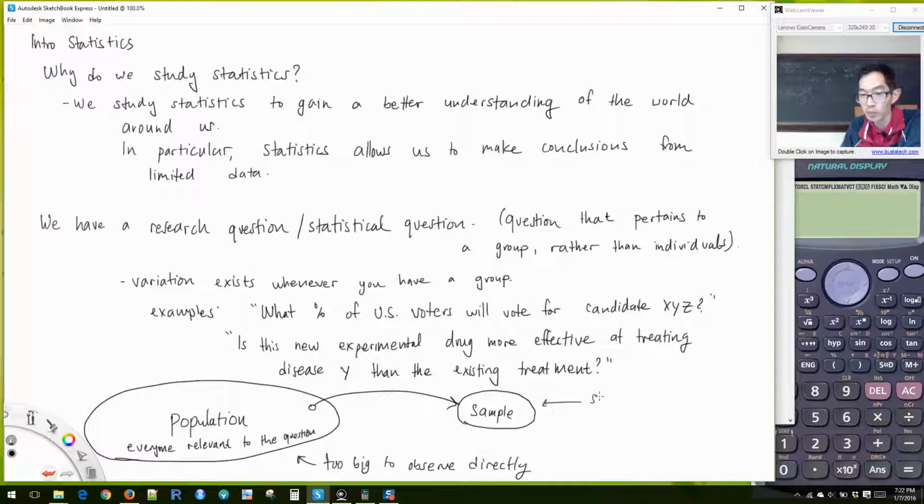So let's say there are 600 people in this group. We take a sample, and then we study this sample. And in our ideal situation, the conclusions we make from the sample can then be generalized to the population.